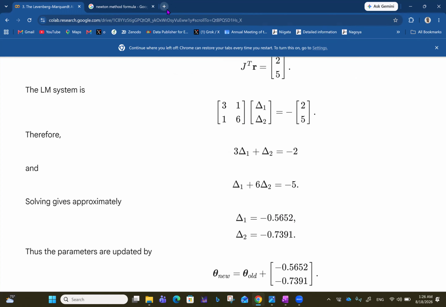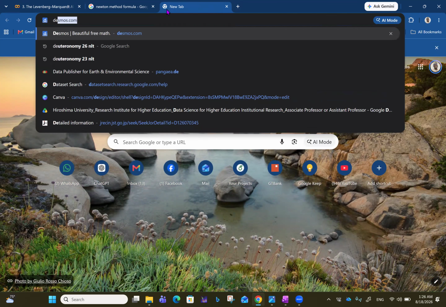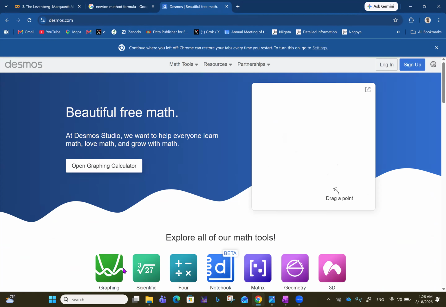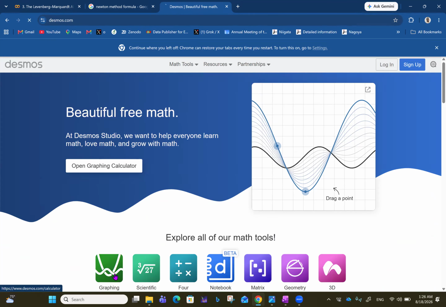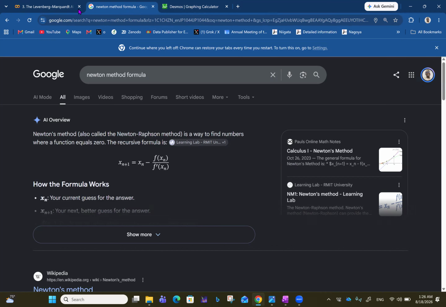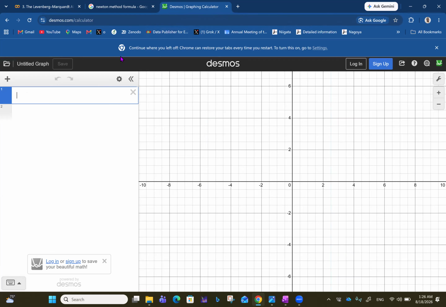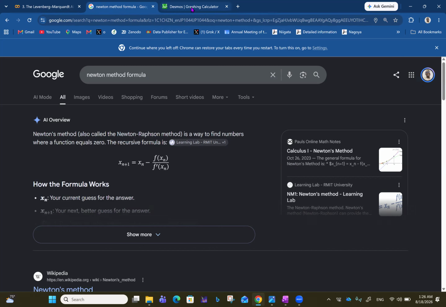Of course, we can use Desmos to deal with this. If you don't want to solve that explicitly, you can just quickly graph it and get the result. You just use x and y here. The first equation is 3x plus y equals minus 2.